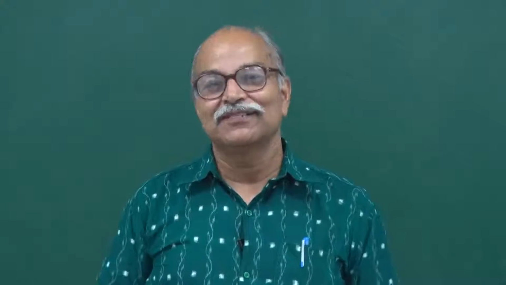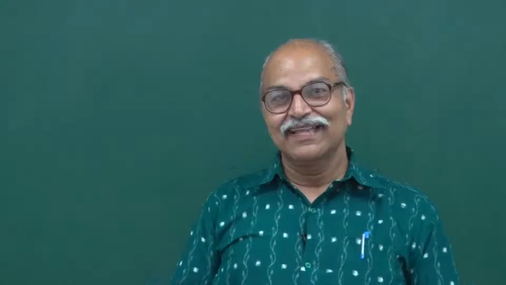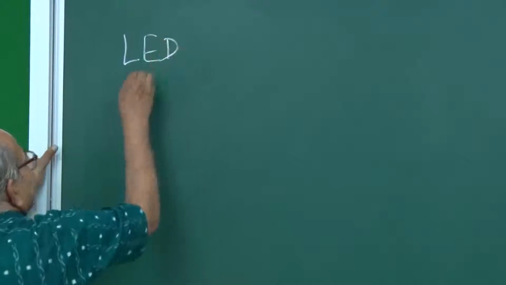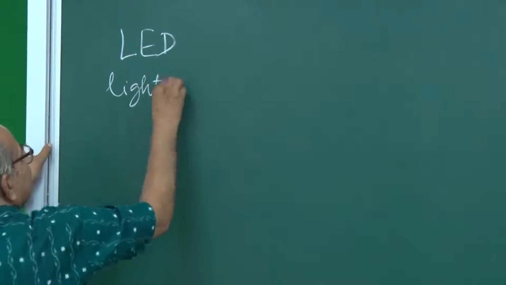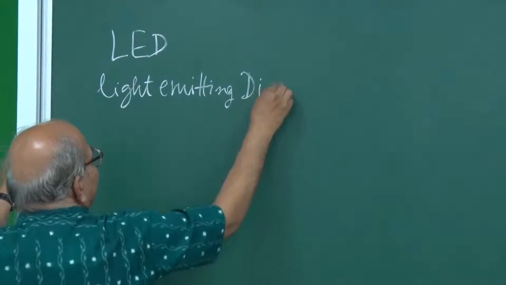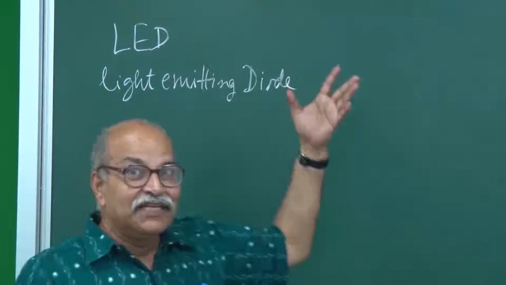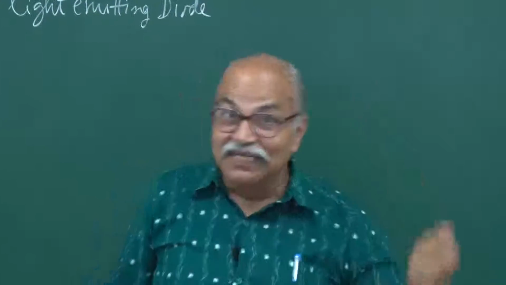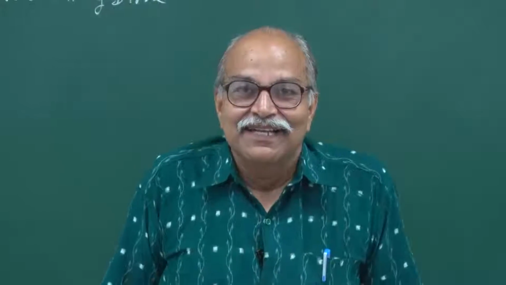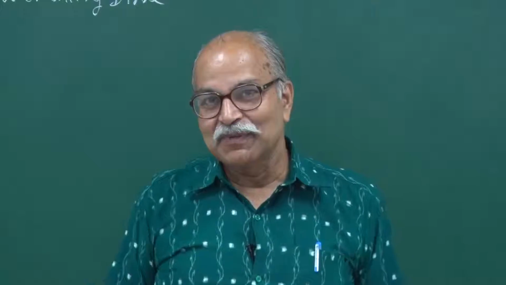Okay, the next PN junction that I am now describing is very popular nowadays all over the world, and that is the light emitting diode, LED, right. So, you have all varieties of LED bulbs and LED torch and emergency light and everything in LED, and the government is also popularizing this.